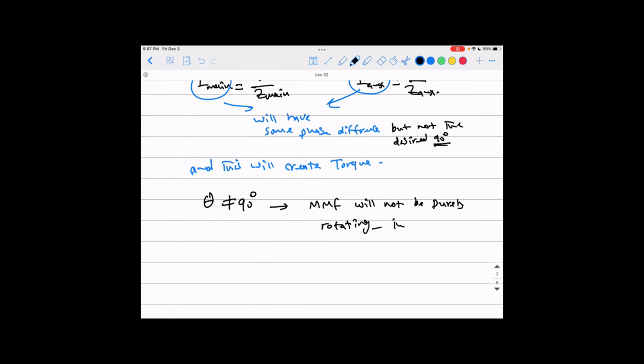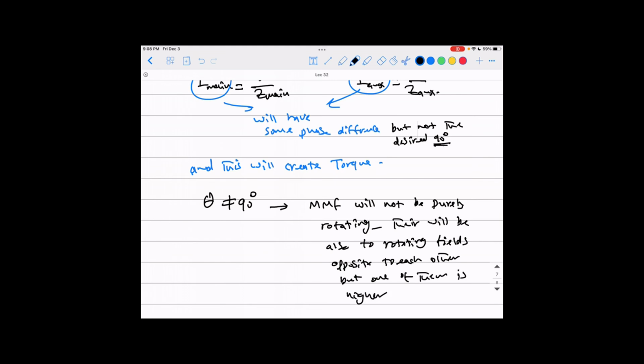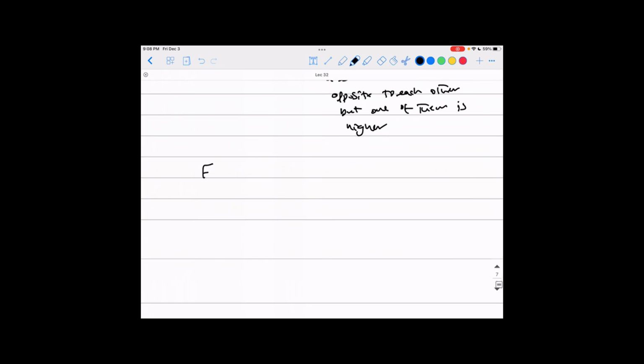Rather, there will also be two rotating fields opposite to each other, but one of them is higher. So remember, when we talked about this, that is the pulsating MMF we're talking about here, having two components, one forward and one backward. Yes?